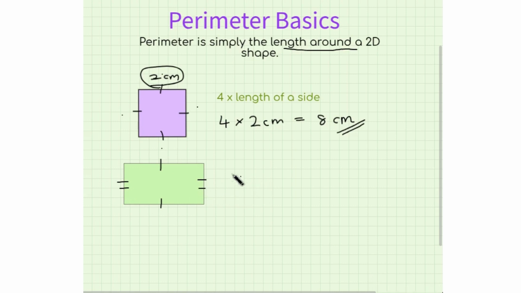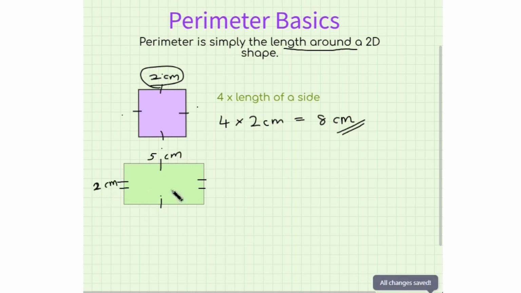Okay, so we're adding the same number, let's say, twice each time, right? So whatever the number on this side, we would be adding that number twice and this number twice. So let's write that down in the usual way. Let's say this is 5 centimeters and this is 2 centimeters.